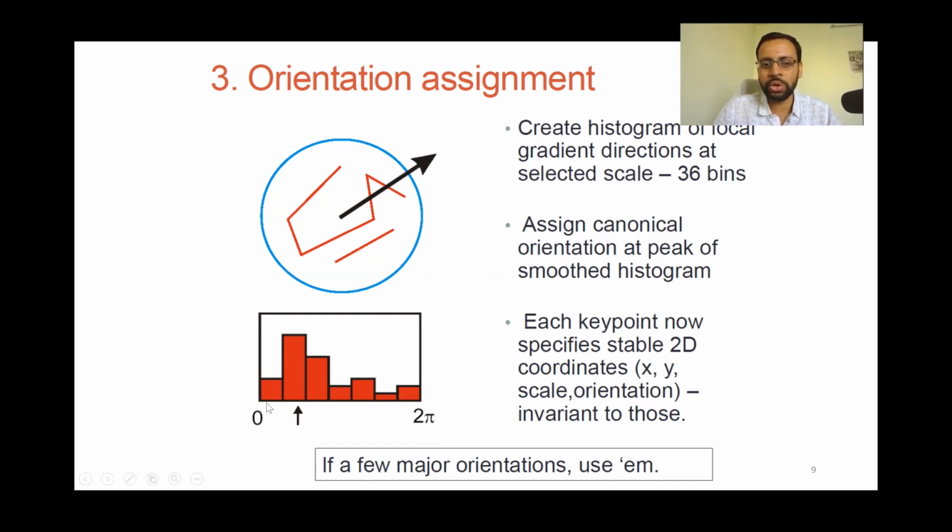Anything from 0 to 10 you would keep in the first bin, then 10 to 20, 20 to 30 and so on, or 20 to 29 perhaps. In that way you look into the orientations and then you look at which is that bin.